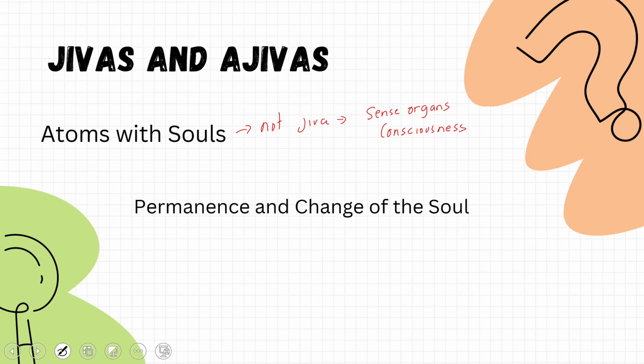And then you have permanence and change of the soul. For example, we see that a person's soul remains the same throughout life, but at the same time we see that experiences, knowledge, emotions change over time.